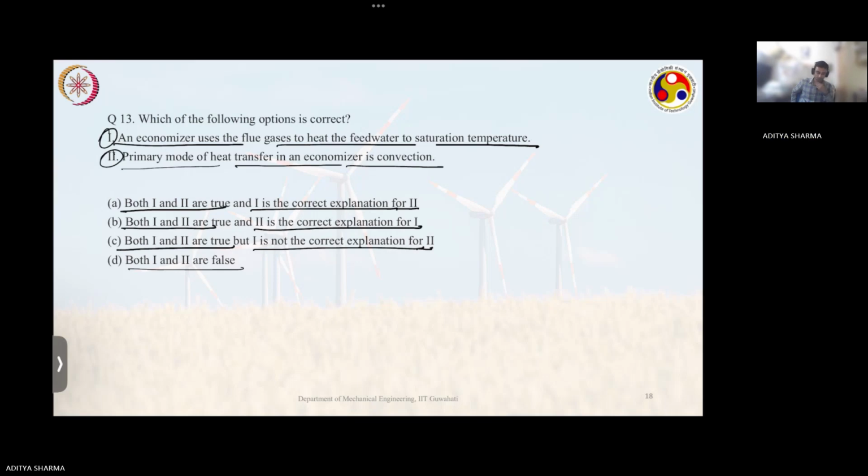Okay. So in that case, the correct option comes out to be C, right? Because 1 is not an explanation for 2, right? So this is the best option that we have out of these four, right? The fourth says that both are false. That is not correct. Okay. So the correct answer to this question is C, right?